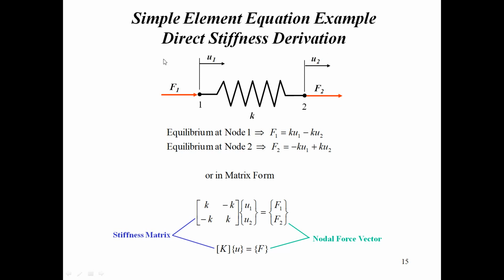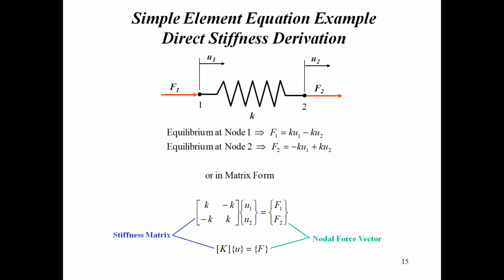From this figure we can find an equation. The equilibrium at node 1: F1 equals K into U1 minus K into U2. Because first of all we apply the force at node 1, so we consider the displacement U1, therefore K U1.